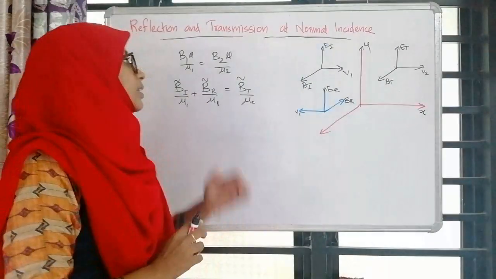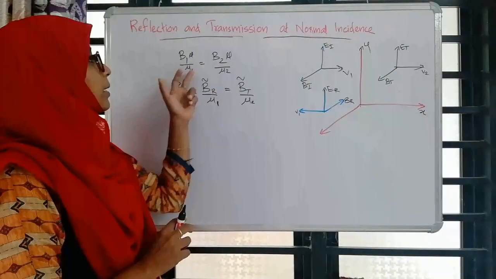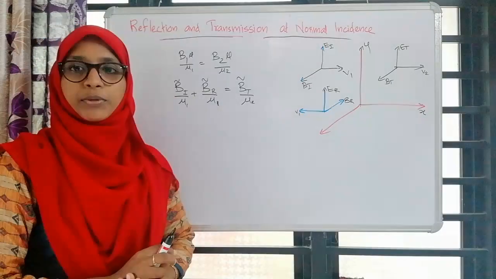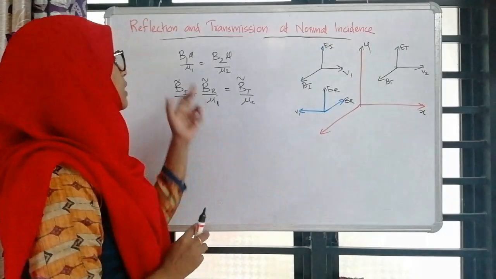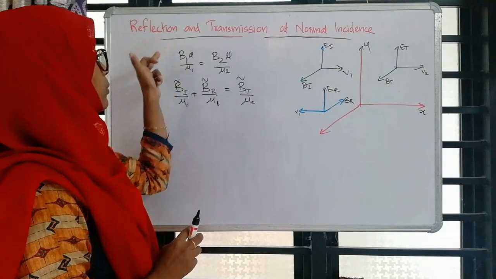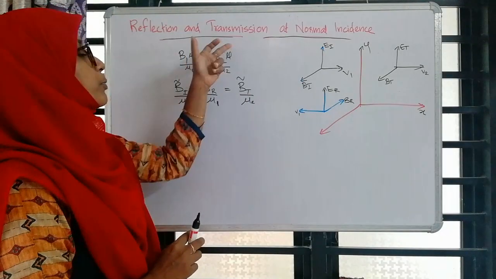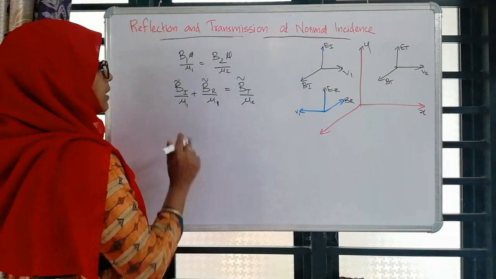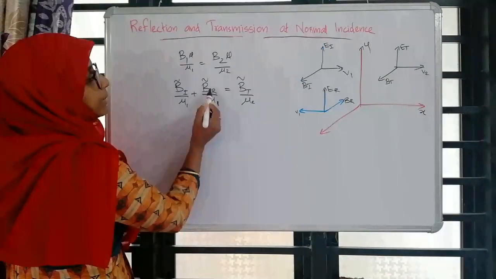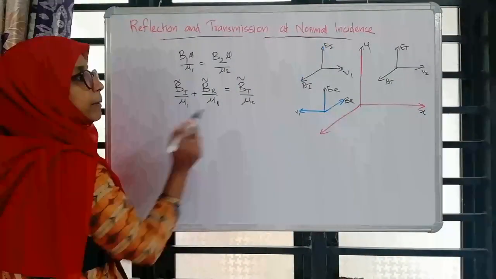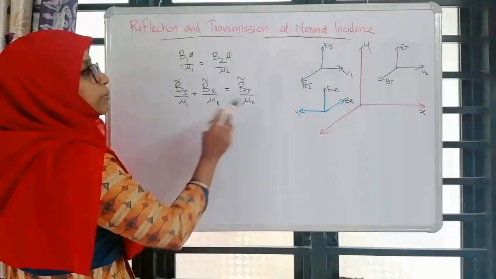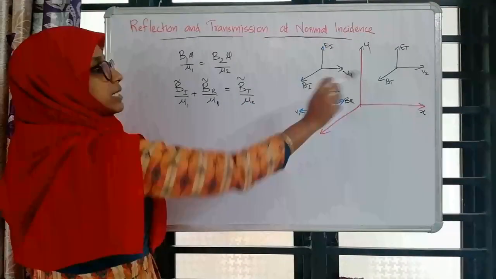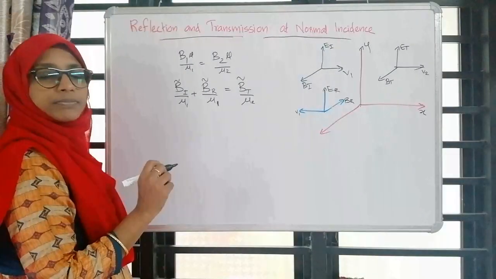So, we can consider the next boundary condition, B1 parallel by mu1 is equal to B2 parallel by mu2, in which the resultant component of B1 parallel by mu1 in medium 1 is equal to B2 parallel by mu2, which represents that B_I by mu1 plus B_R by mu1 should be equal to B_T by mu2, where mu1 and mu2 are the properties of the first medium and second medium respectively.